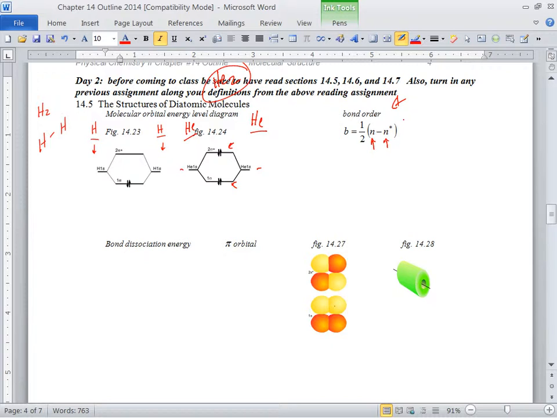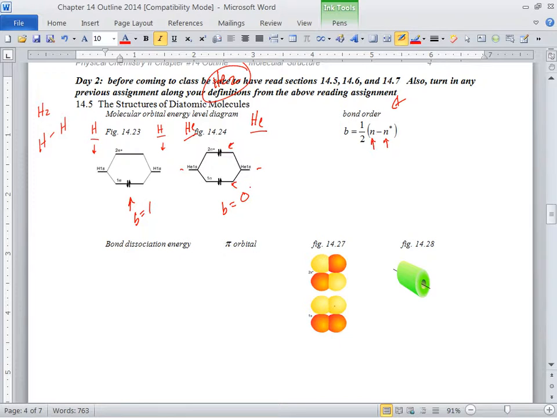Exactly. So what would be the bond order of a hydrogen molecule? It would be 1. What would it be for a diatomic homonuclear helium molecule? 0. So it kind of follows. It doesn't exist.